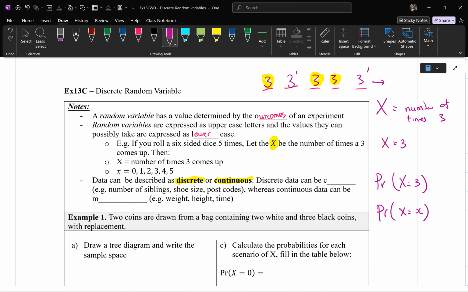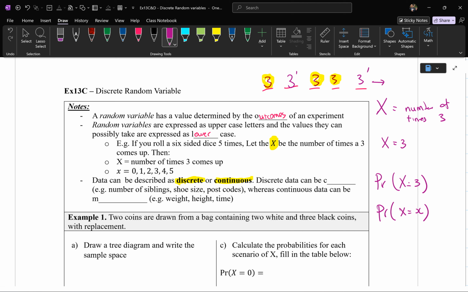So this X is the capital X that represents the random variable I'm interested in. In this particular scenario, I'm looking at capital X, the random variable, being having 3 3s. If I said, what's the chance of getting 3 3s if you roll the dice 5 times? This is what it's saying: the probability of getting the random variable X, which is the chance of getting a 3, 3 of them.